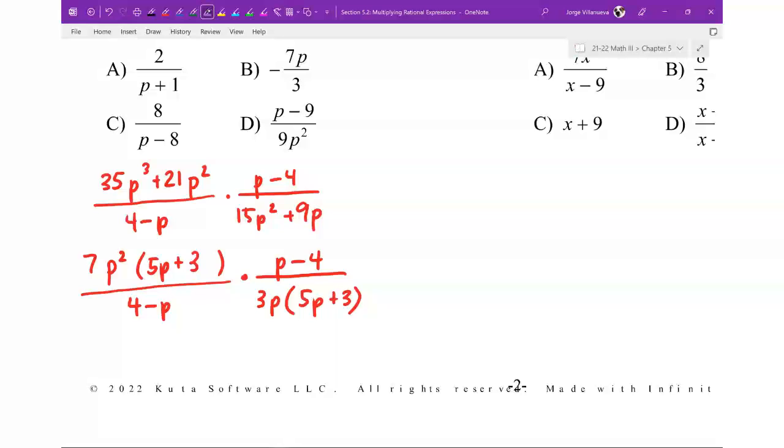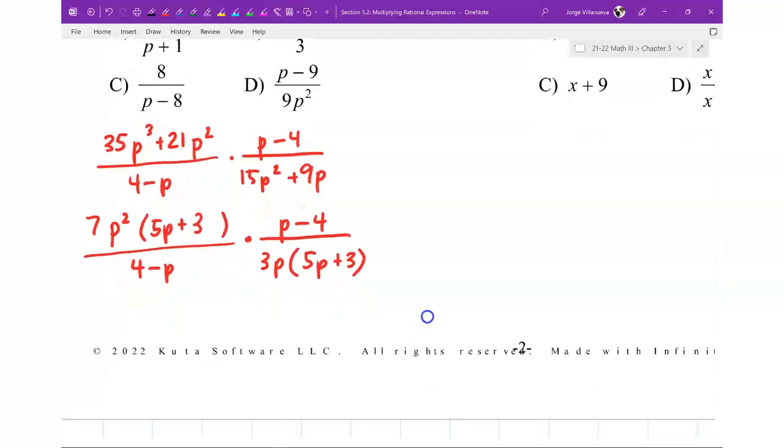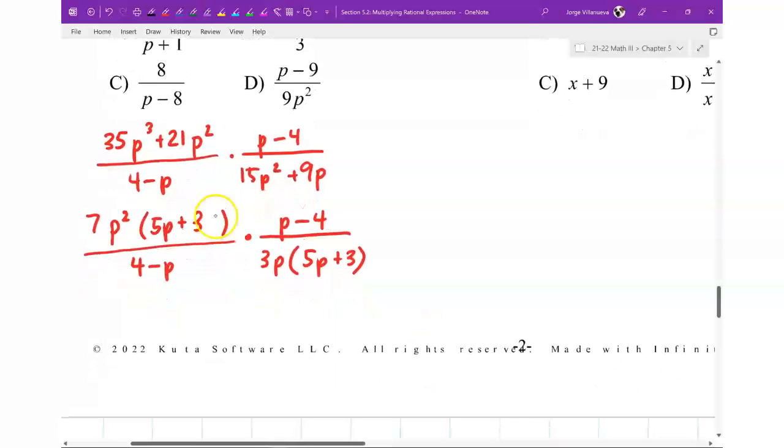Look diagonally, look vertically. What matches? All right, 5p plus 3. Thank you. That's gone. Is there anything else that matches, or maybe you think closely matches?